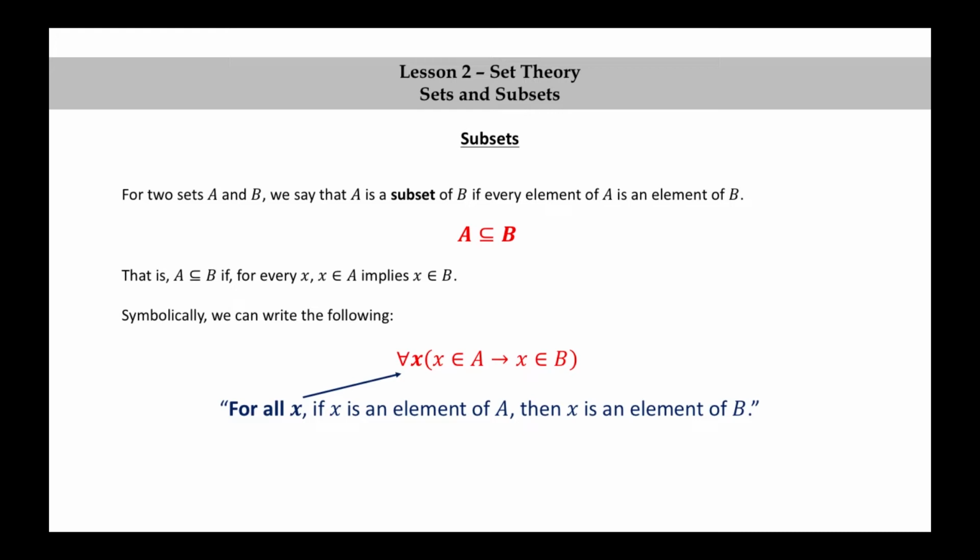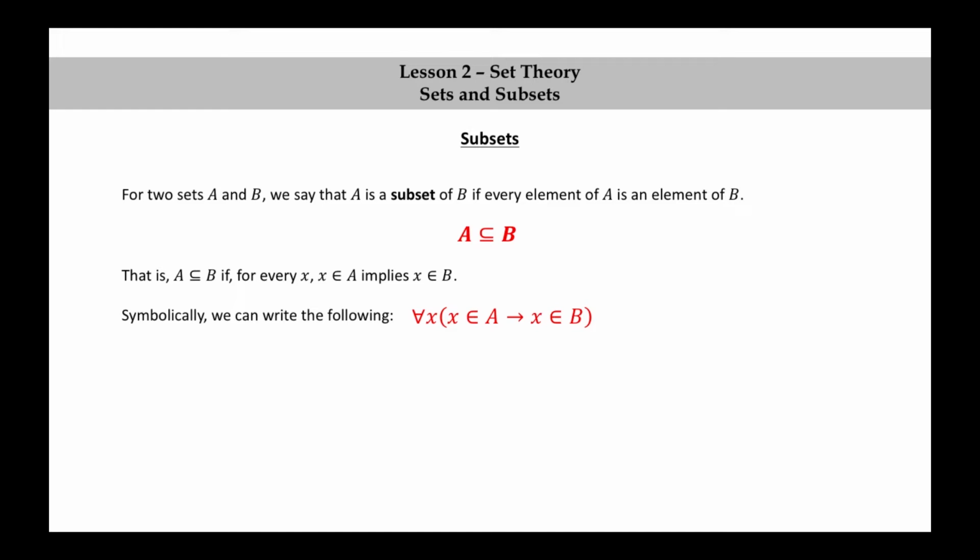The first part here, for all x, is the upside down A followed by the variable x. The x epsilon A is read x is an element of A. And similarly, x epsilon B is read x is an element of B. The right arrow, remember, is a logical connective symbol, and it's used to express if-then.